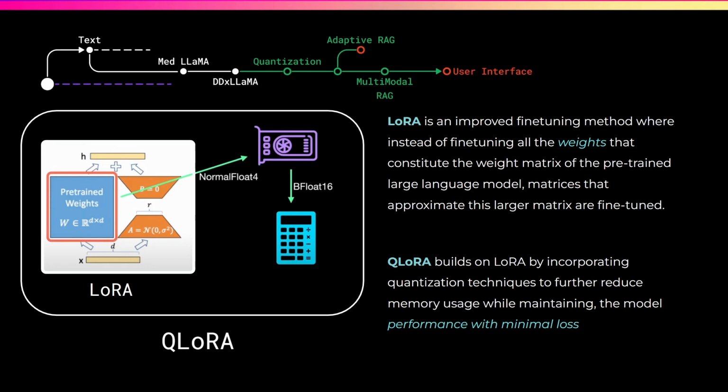NF4 here represents the normal float 4. This fine-tunes the model with minimal loss in performance while giving a significant saving in memory. So we were able to fine-tune MedLlama 2 on only 24 GBs of VRAM.